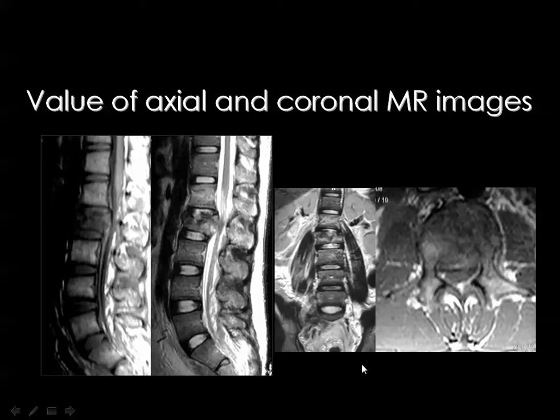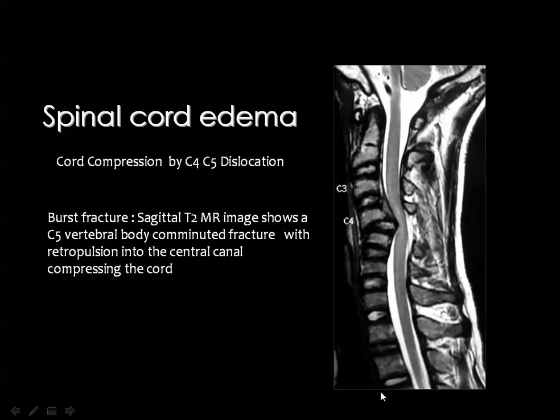The coronal images are helpful in the detection mainly of paraspinal pathology, especially in the paravertebral muscles, considering the presence of edema or hemorrhage.